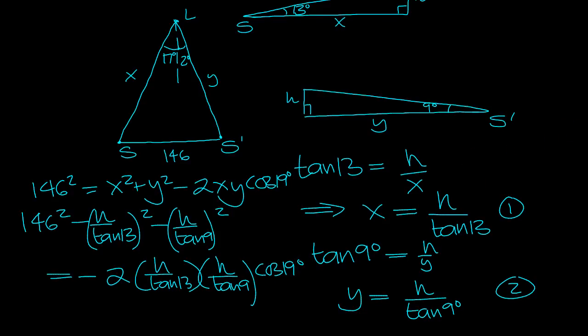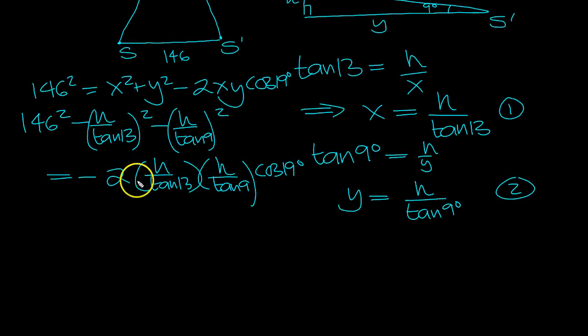So what have we got then? Well, we've got h squareds all the way through the equation. We've got this number here. So what I'm going to do is move these two back over there. 146 squared is equal to... Now there's an h squared common in this term, an h squared common in this term, and in this one. So I'm going to put that outside a bracket. This one, when I take the h squared out, is just 1 over tan 13 squared.